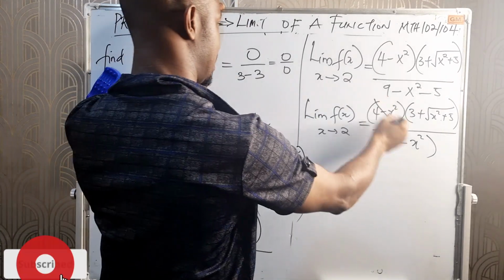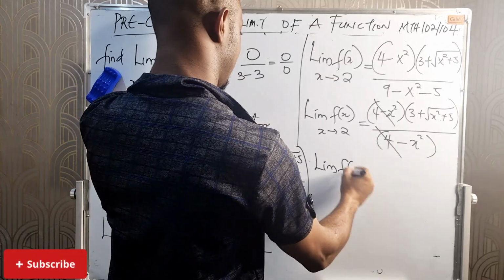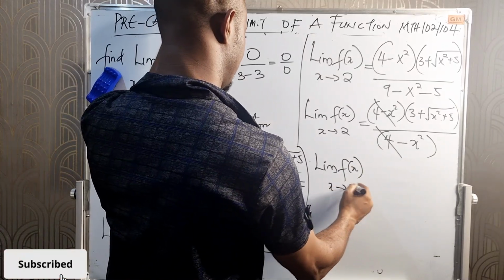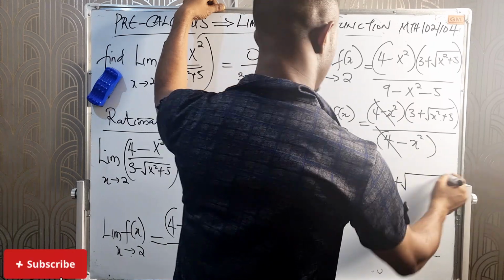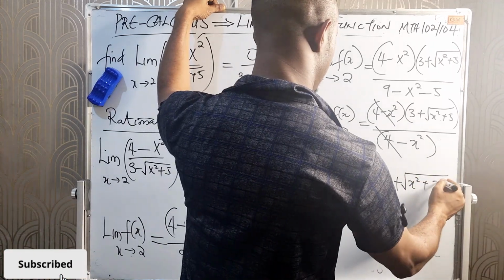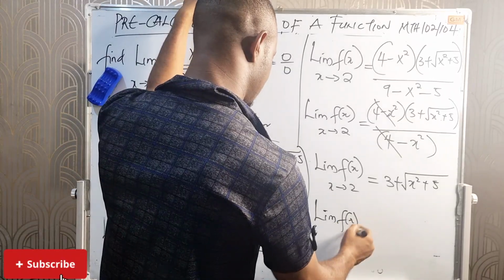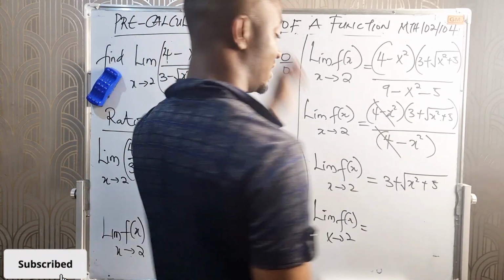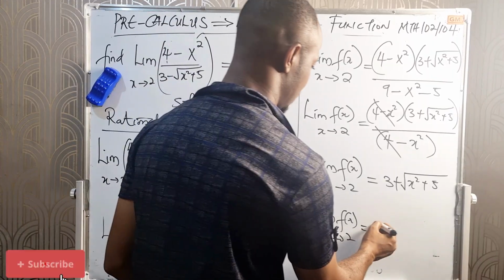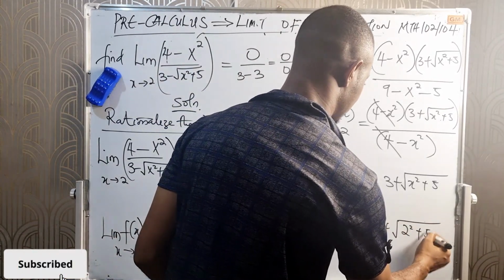So this can go with this because they are the same. So that means the limit of f of x as s is approaching becomes 3 plus root s squared plus 5. So on this side now, when I substitute my value of x as 2, that will be 3 plus root what? 2 squared plus 5.